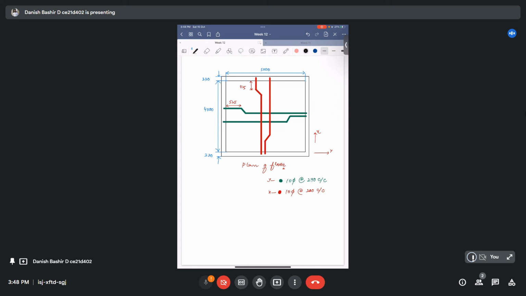If I cut it like this one, this was a section, okay? A section. If I cut the section like this one, this will be like this, this will be like this, continuous from this side, okay? This is this one, and it's supported on wall.